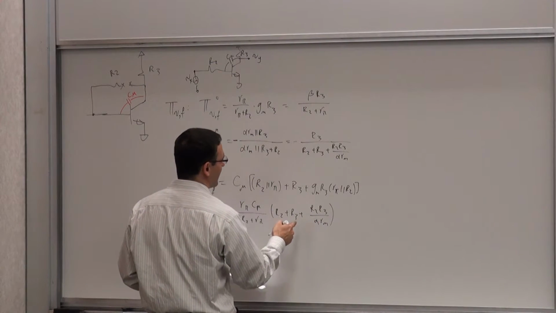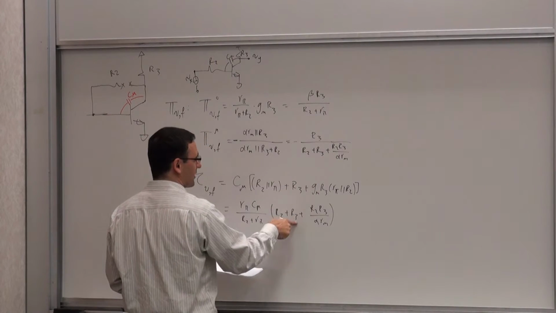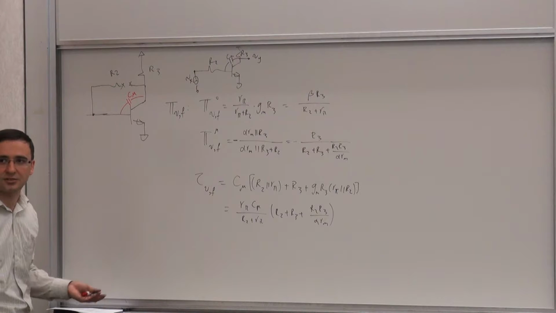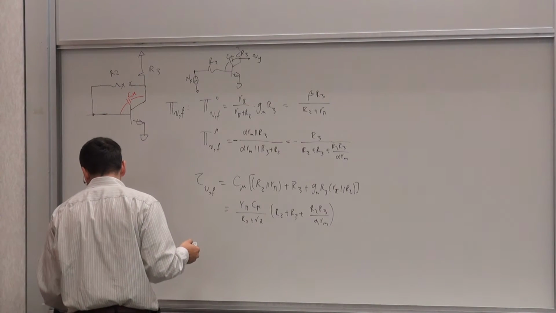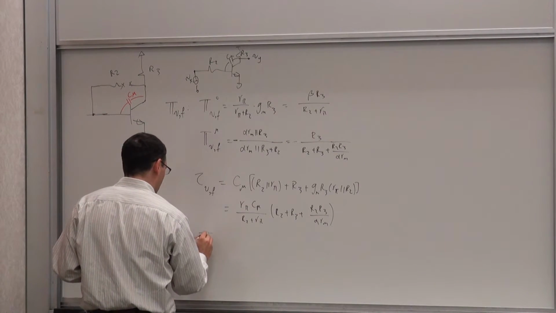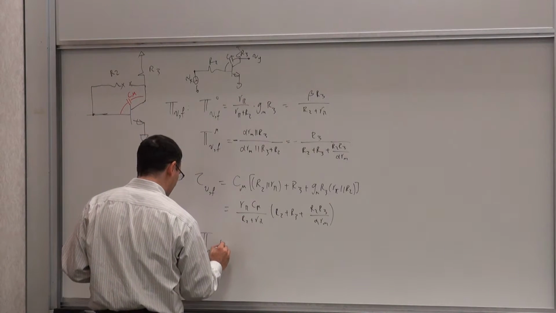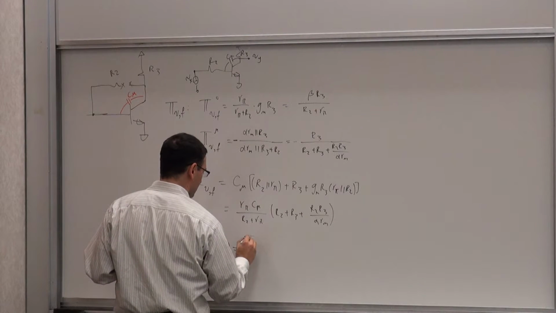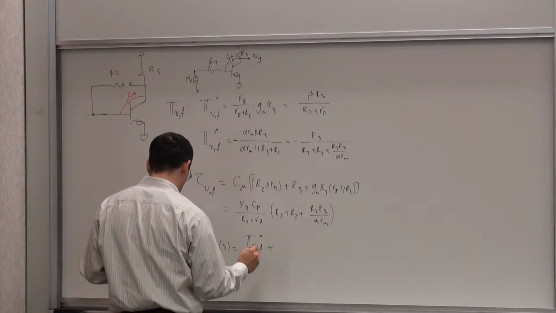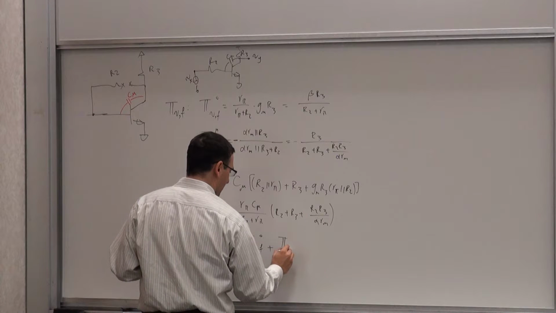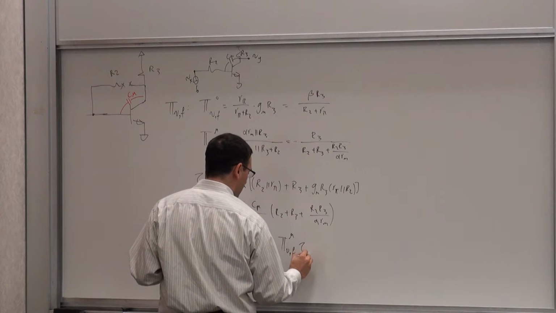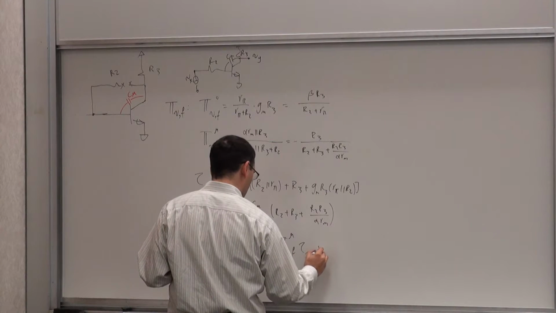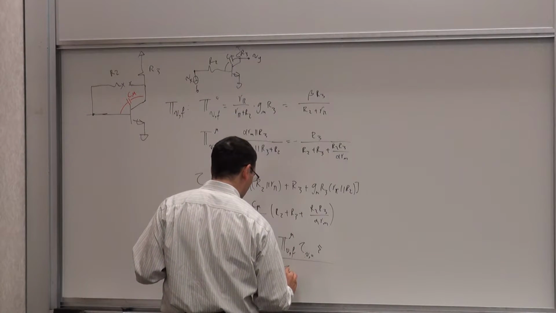You can see I'm intentionally writing it this way because this term is common among them. And when I look at the product of that thing, which is what I have in the denominator, they cancel each other out. So that makes my life a little easier. So TVF of S is basically TVF0 plus TVF mu tau VF S divided by 1 plus tau VF S. This is the first order system.